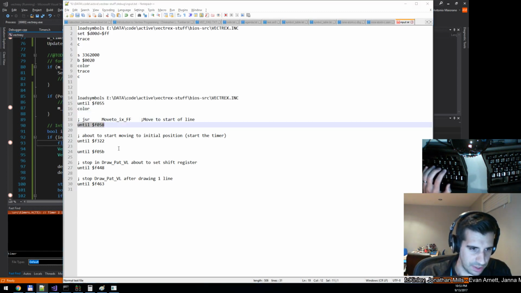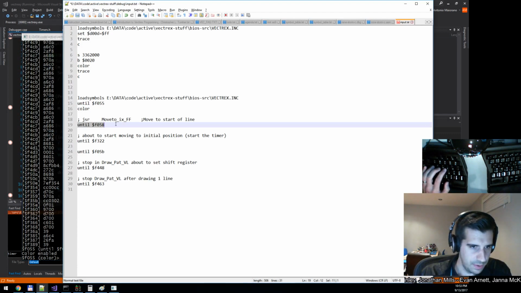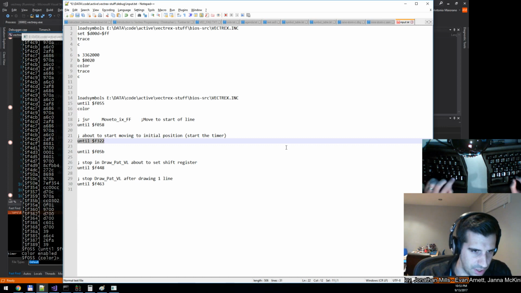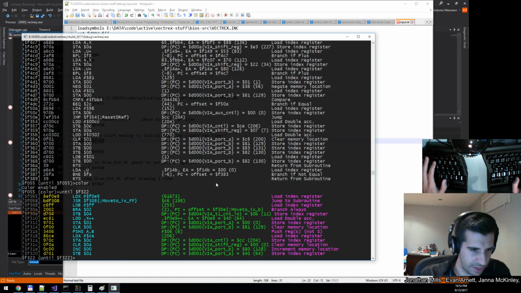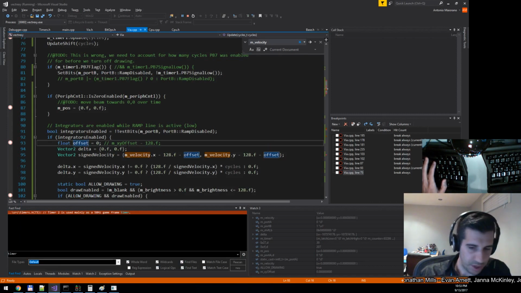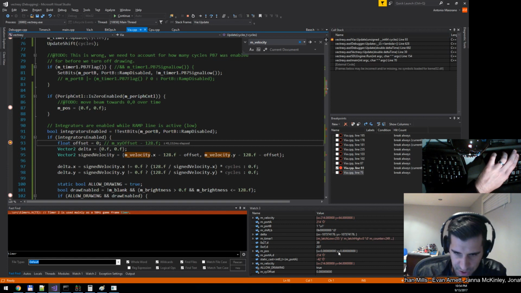So let's run until here. Oh, not actually to here. About to start moving to initial position. That's really what we cared about. Now let's put on our breakpoint here and step. Position is 0, 0.